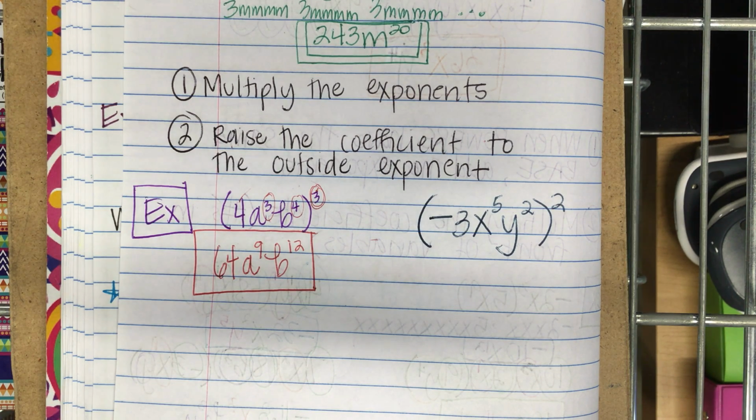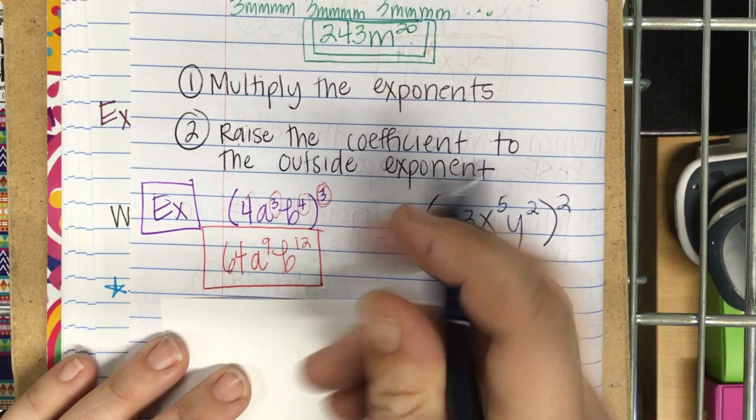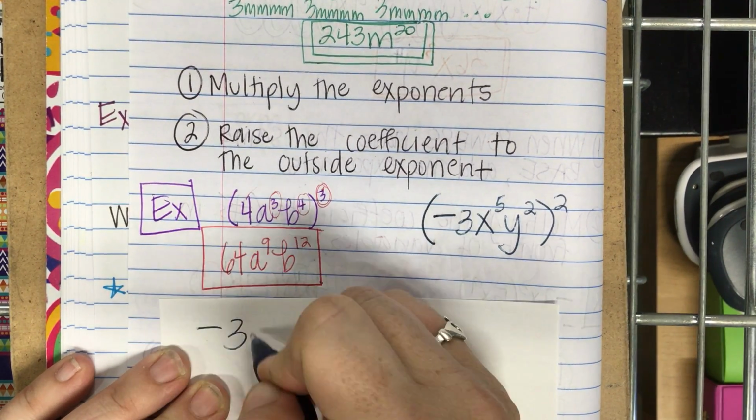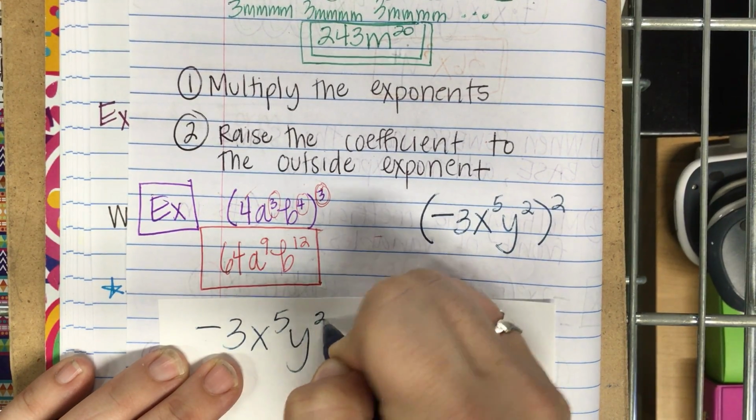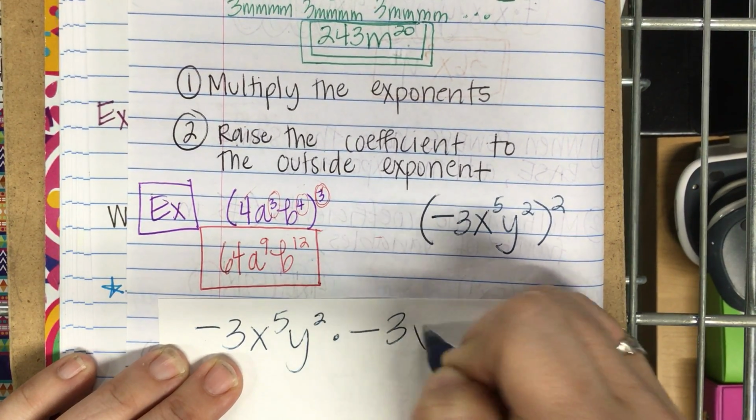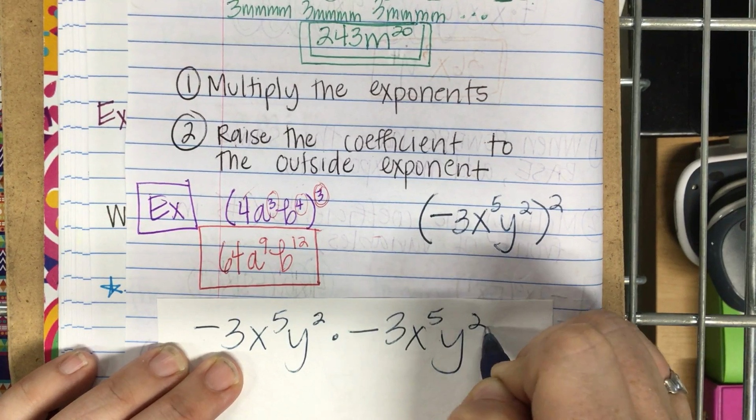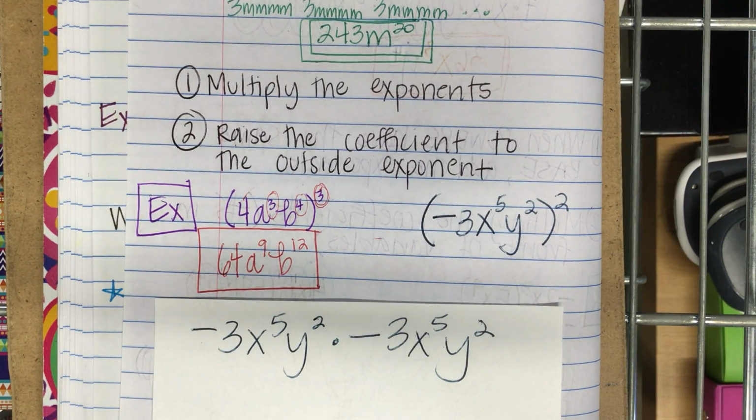No, it's there. Or you could say, Mrs. Long, when in doubt, -3 x to the 5th y squared times -3 x to the 5th y squared. When in doubt, write it out. Yes.